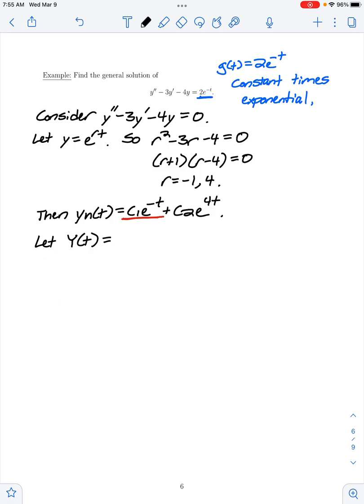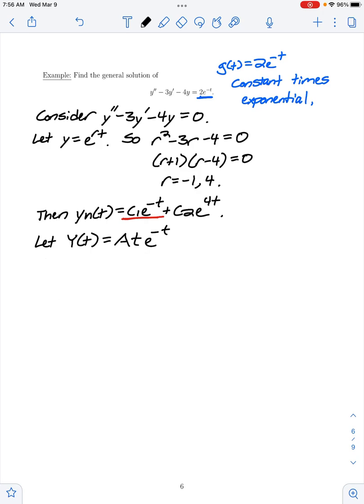So like we saw in the case of repeated roots of the characteristic equation, we might consider, instead of just e to the negative t, something like t e to the negative t power.